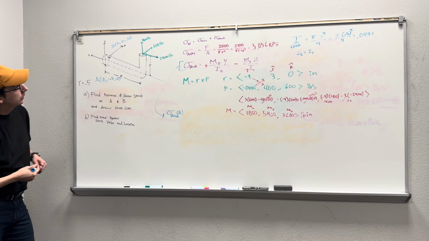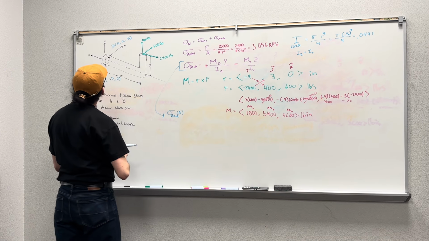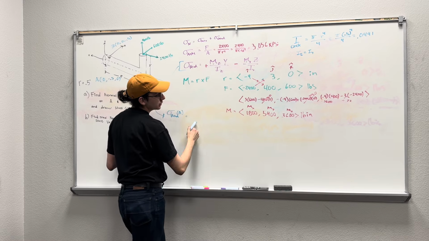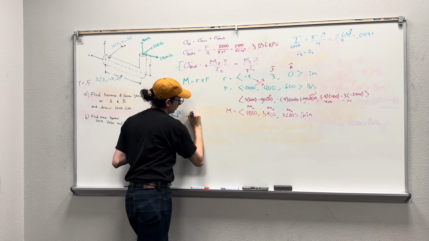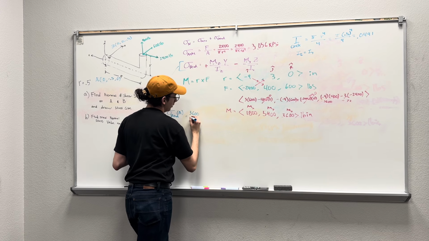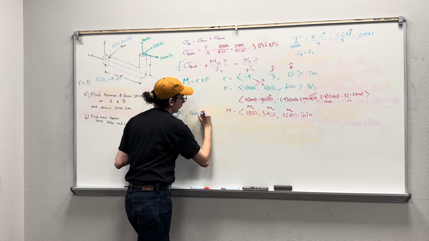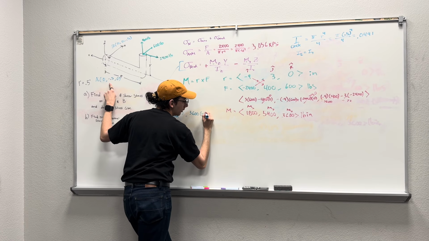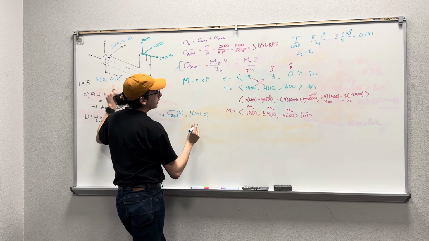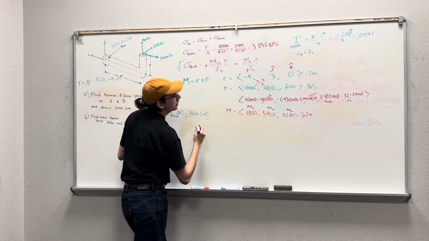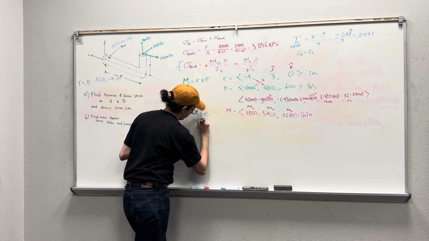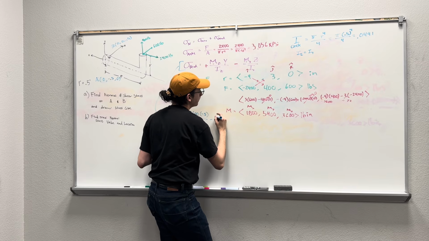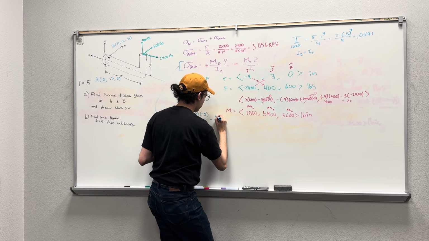Cool. So now for that bending moment, I'm going to have that moment in the z direction, which is 3600, times that y value, which in this case for A is going to be negative 0.5, divided by that I, which is 0.0491, minus my My, which is 5400.